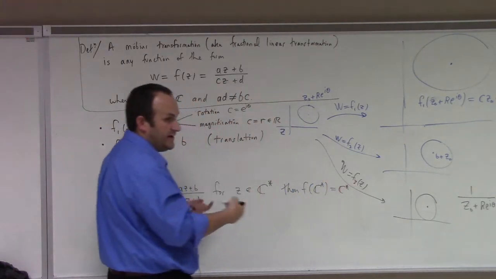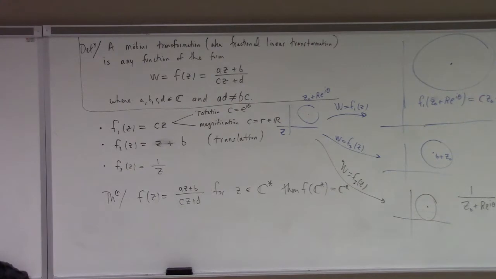So it maps the extended complex plane onto itself. Furthermore, it maps the class of circles and lines to itself. In other words, it takes circles to circles or circles to lines.